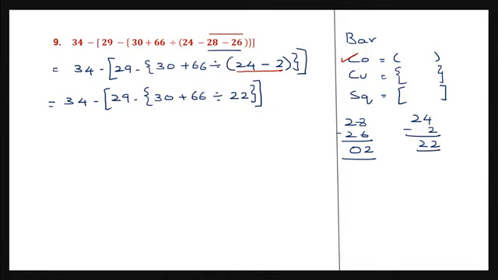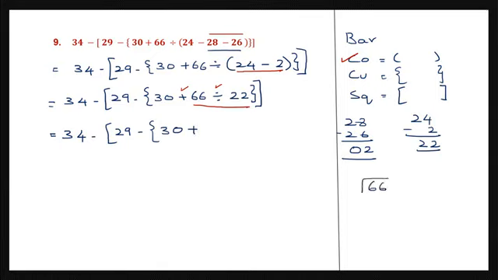Now we have to work out the curly bracket before the square bracket. Now when you work out curly bracket, see what are the operations inside. So again, inside the curly bracket, we have an addition and a division. So according to BODMAS, we have to do division before addition. So let's start that. 34 minus square bracket 29 minus curly bracket 30 plus, now divide 66 by 22.